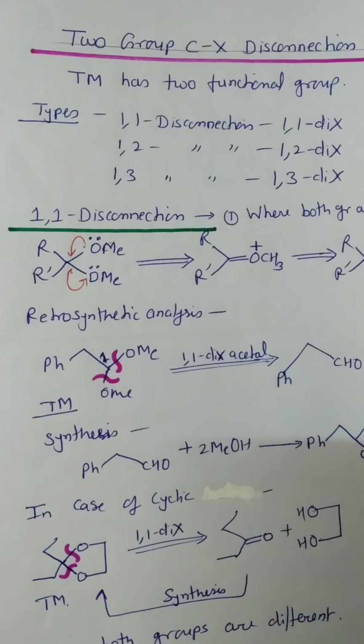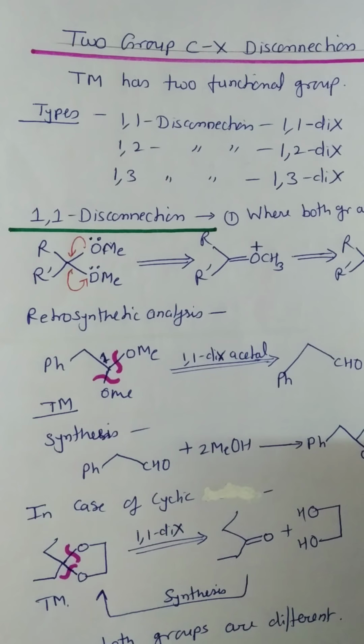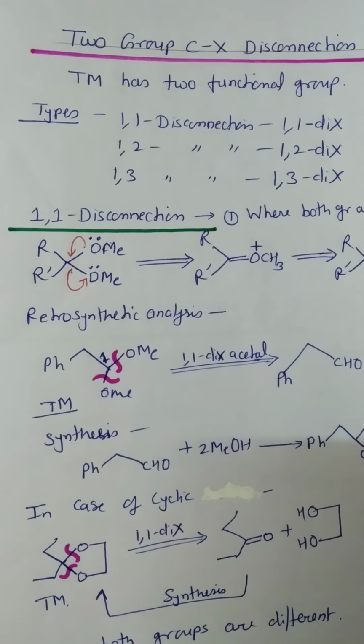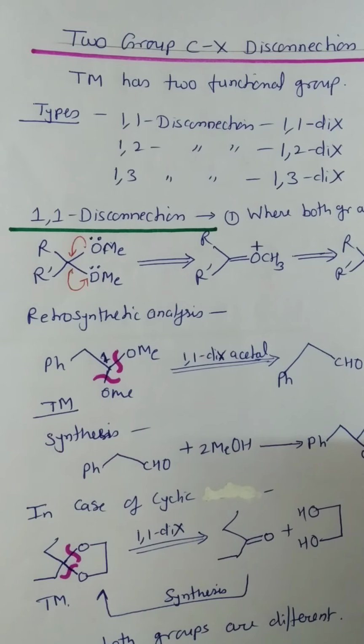First, 1-1 disconnection. If the two groups are present at position 1, or we can say at the same carbon atom, therefore we say 1-1 disconnection. In 1-2 disconnection, the functional groups are present at carbon atom 1 and 2, or we can say at adjacent carbon atoms.